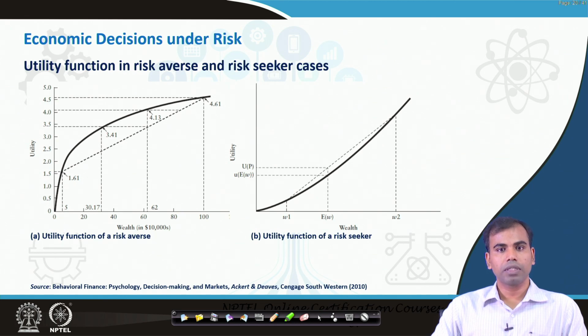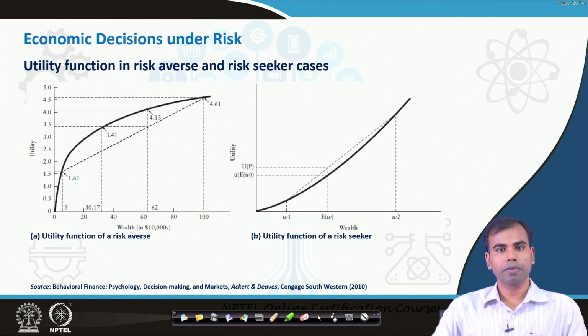The second graph shows the utility function of a risk seeker, where the increase in wealth essentially increases the utility, but in a decreasing fashion. So, it is basically a convex curve.